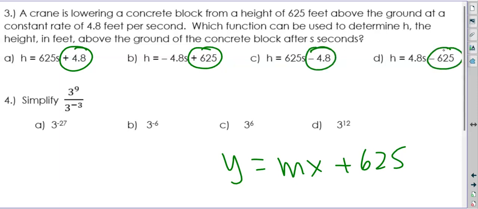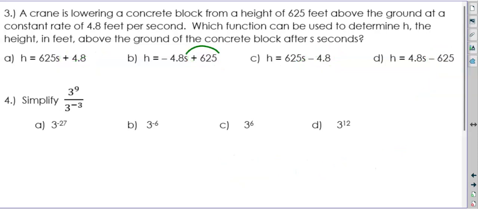Let's take a look. Which one of them is positive 625? Nope. Nope. And you see that? No, I don't start below ground at 625. I start above ground. So this is the correct answer. If you want to check the rate of change, lowering means to be minusing, and 4.8 feet per second is also true.